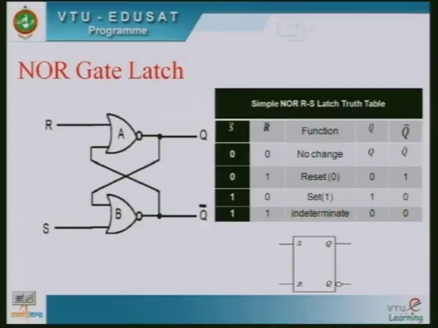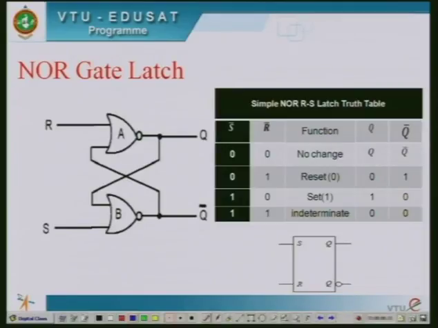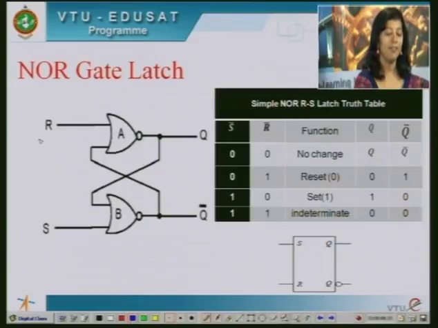Next, let's see a NOR gate latch. A NOR gate latch is very similar to a NAND gate latch, only we are using cross coupled NOR gates instead of NAND gates. So we have two cross coupled NOR gates here instead of NAND gates, and you can see one more change here. We have direct inputs R in the upper gate and S in the lower gate.